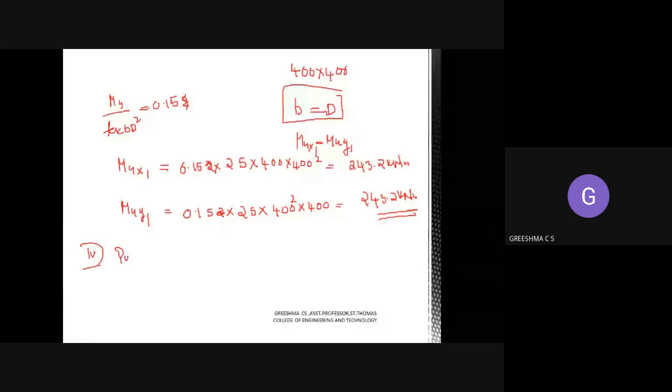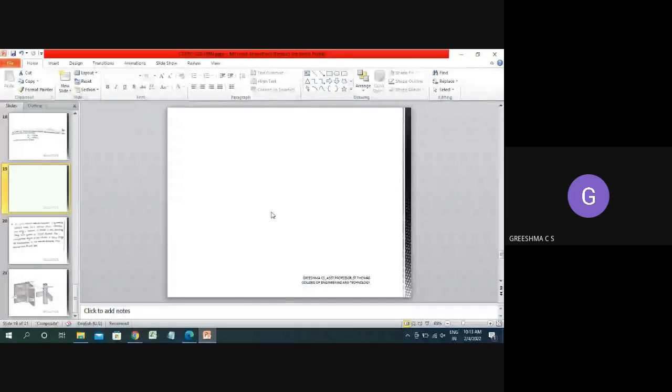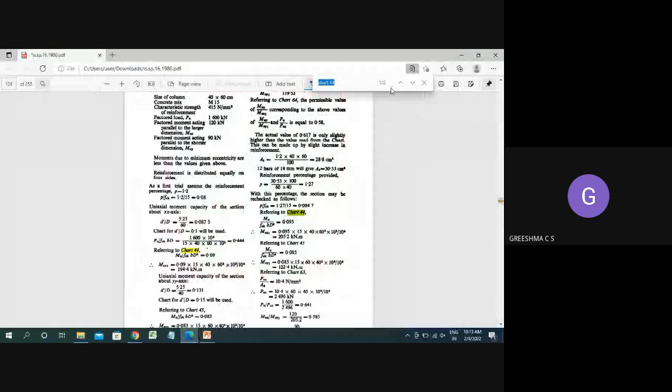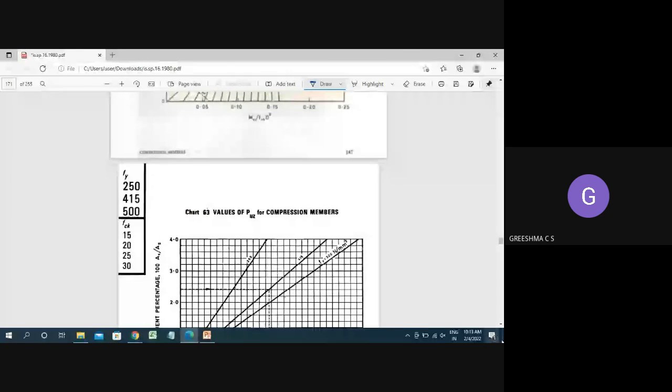You have to find out Pu z, that is the ultimate load carrying capacity of the column. How will you find it out? Again, you have to refer to SP16 chart 63, page number 148.